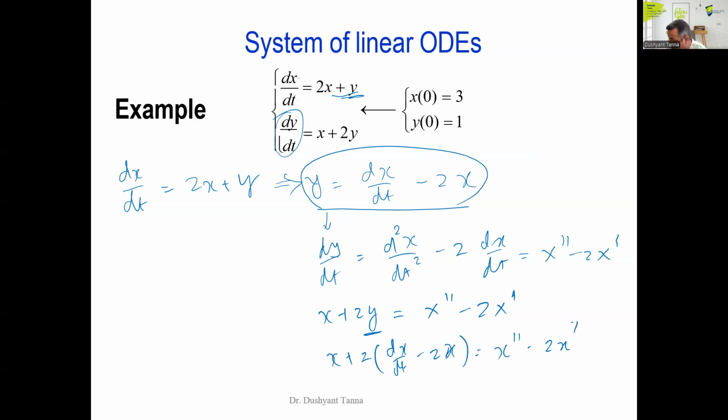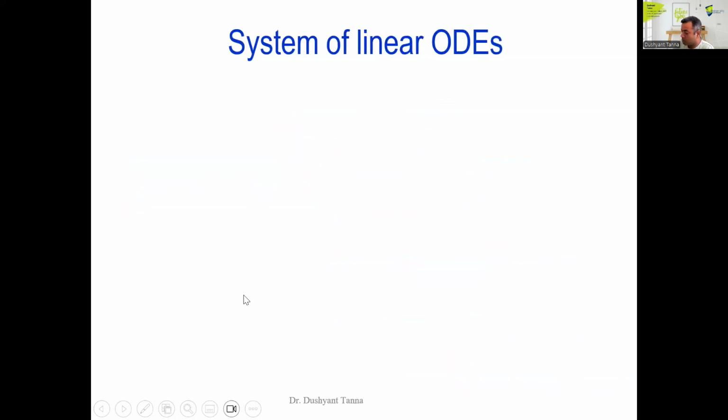But I have written x dash, so I'll write it as x plus 2x dash minus 2x is equal to x double dash minus 2x dash. Awesome, we got everything in x dash, which is x and t. We just write a bit nicely and combine everything. So we got x double dash minus 2x dash.